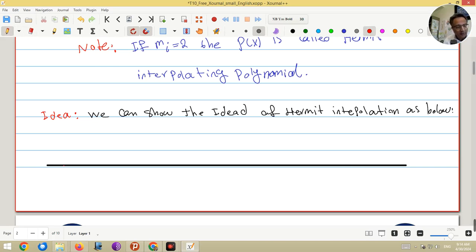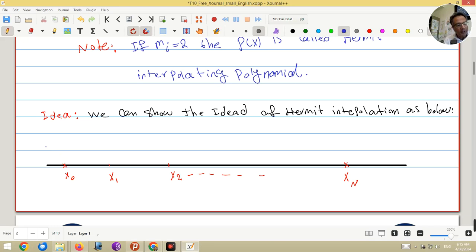For example, here you consider x0, here consider x1, here consider x2, and continue in the same way until we arrive to xn as n plus 1 nodal points. Okay, we want to find, and also we know the value of f and the derivative of f up to the kth derivative of f at these nodal points.